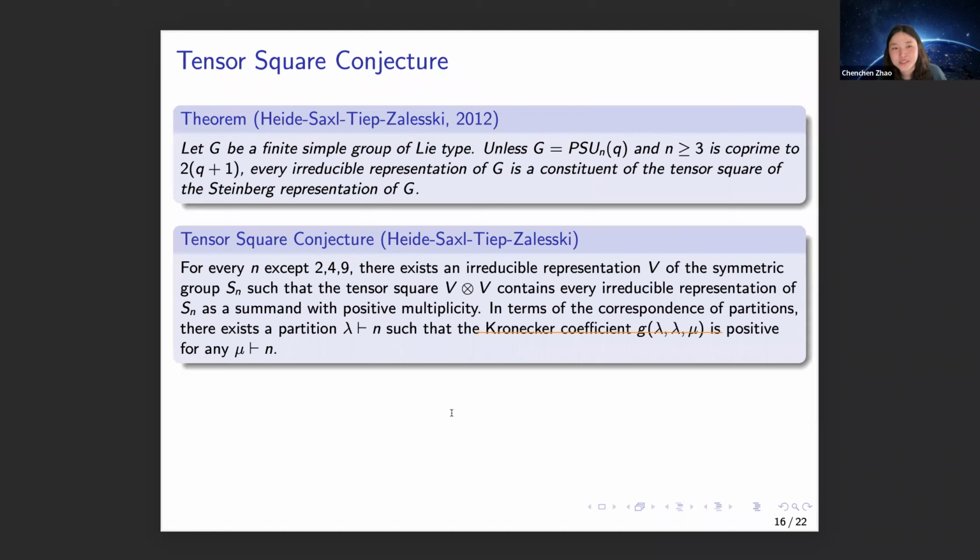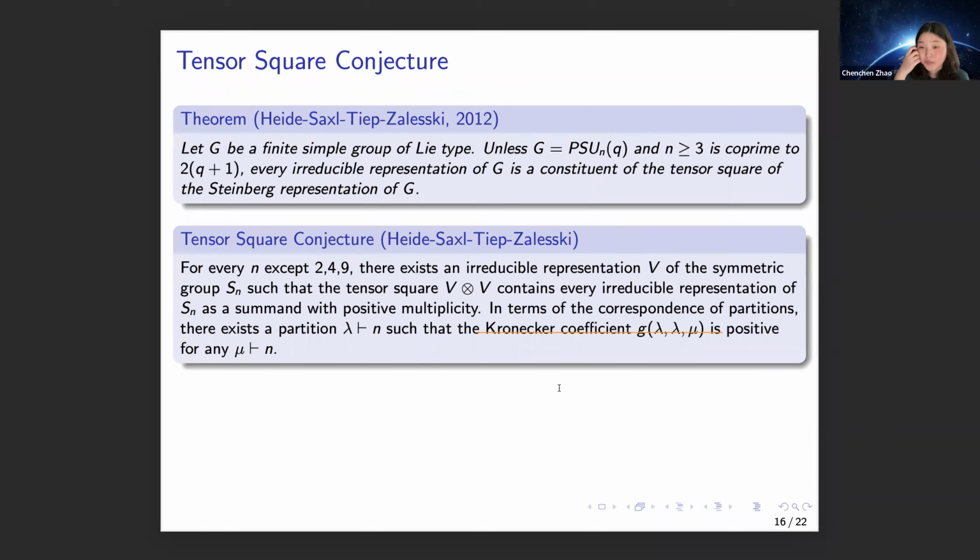In 2002, there's a theorem by Heide, Saxl, Tiep, and Zalesski. They proved that for a finite simple group of Lie type, every irreducible representation of this group is a constituent of the tensor square of the Steinberg representation of G. And they further made the tensor square conjecture, saying that this could be extended to the symmetric group.